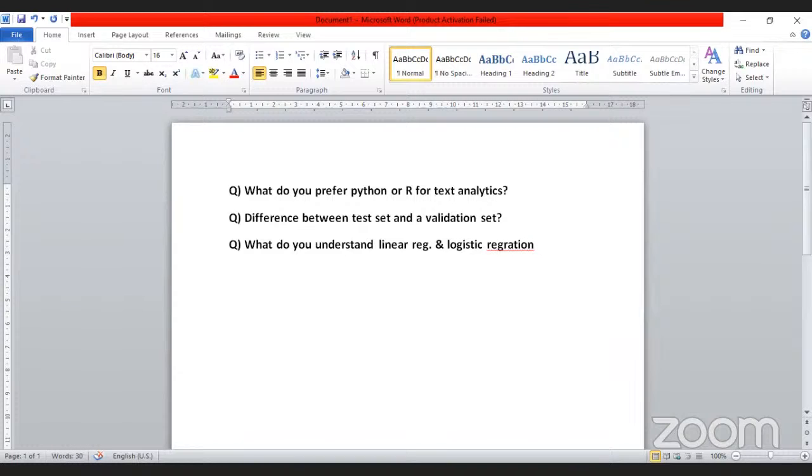Try to give it some time and answer this question in your own way. What do you understand by linear regression and logistic regression?